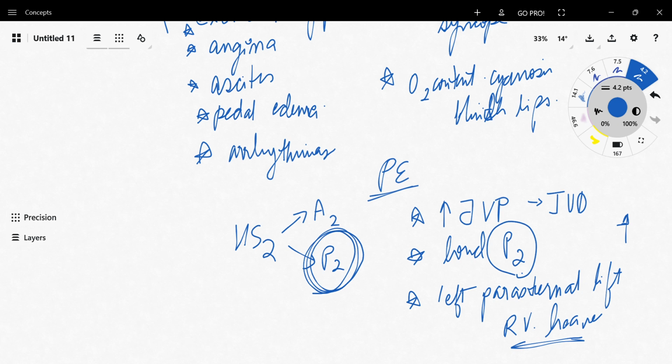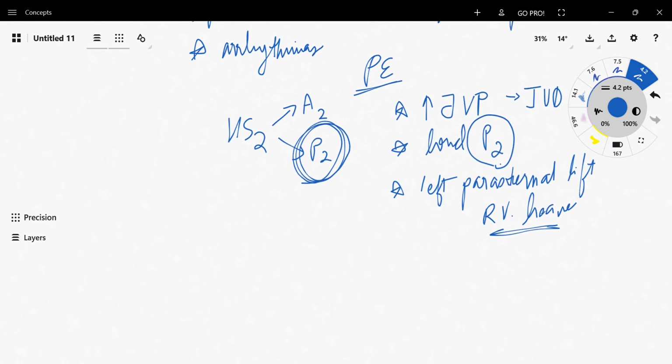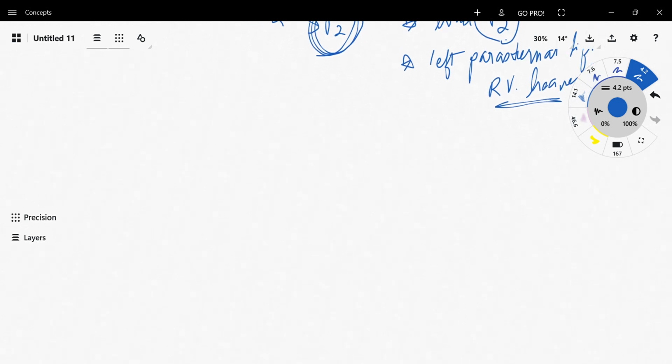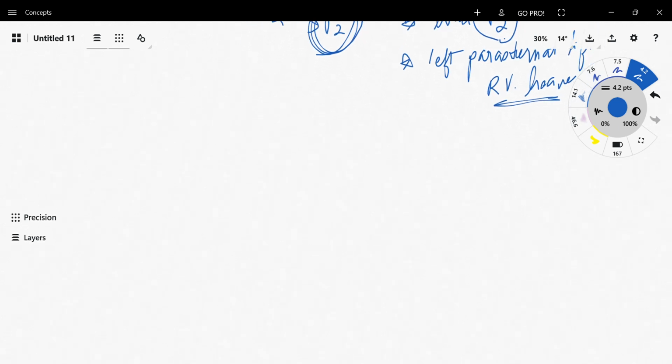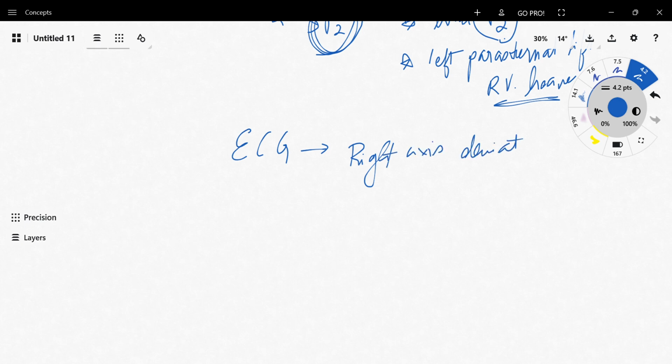Now, how to go about diagnosing pulmonary hypertension? Now, your basic things, like when you do an ECG, you're going to see right axis deviation because of right ventricular hypertrophy, right?